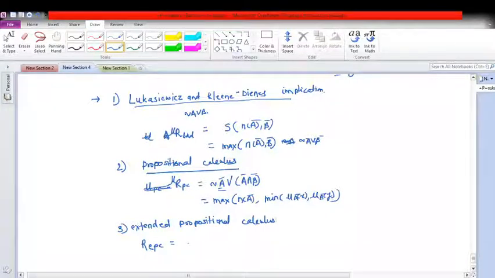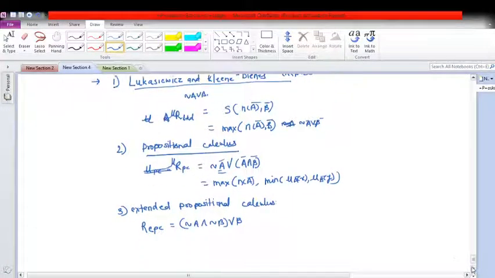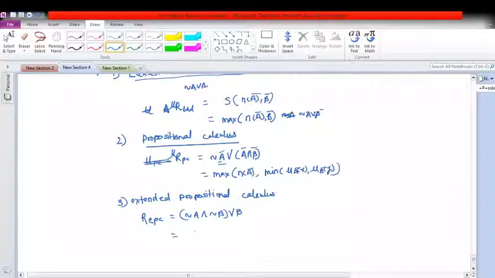You can calculate it using the negation of A adding with the negation of B and then OR with B. So this can be written as the negation of A bar, B bar with B: negation of A bar and negation of B bar, and ORing with B bar.